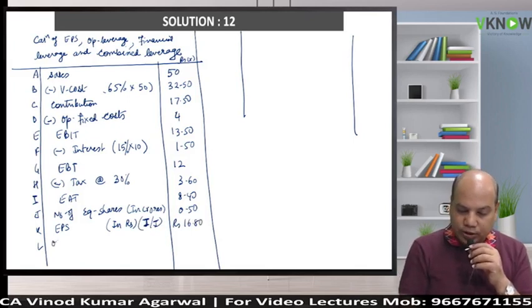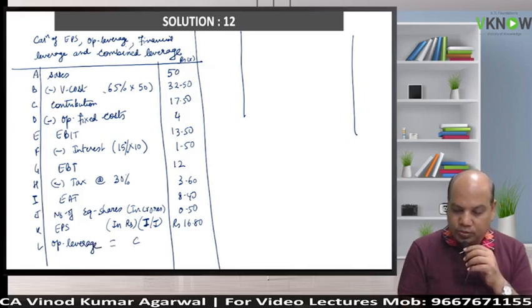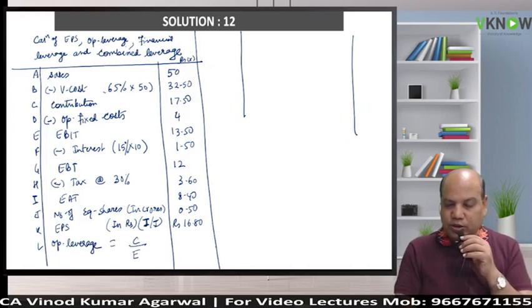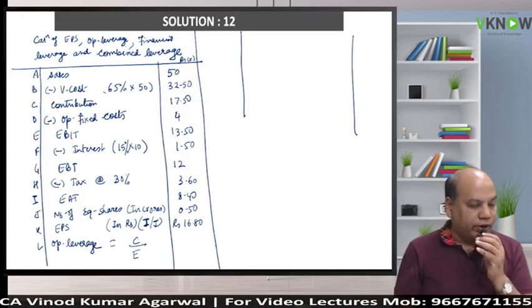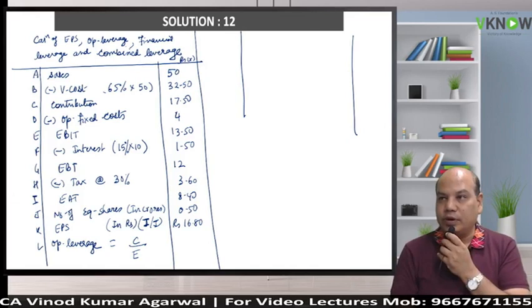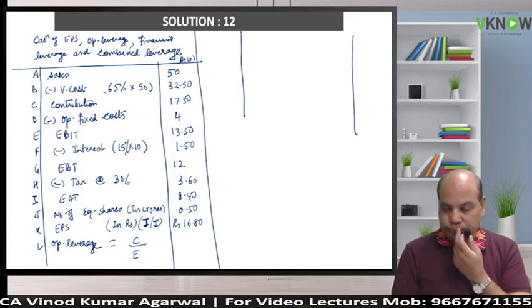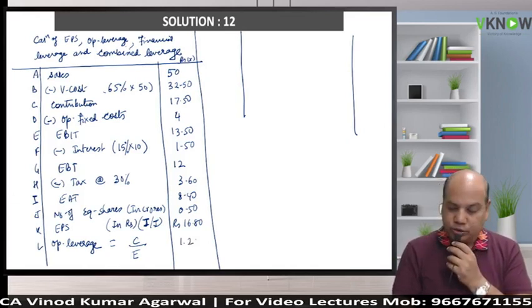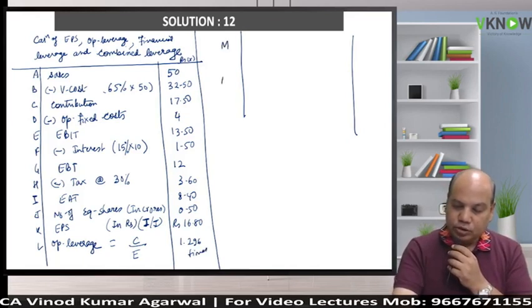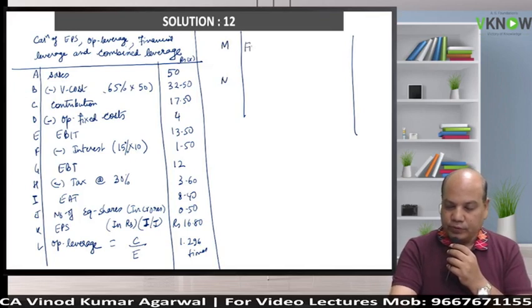Then write down operating leverage. Operating leverage will be point number C divided by point number E, contribution upon EBIT. 17.5 divided by 13.5, 1.296 times. Very good. Now come to next, financial leverage.